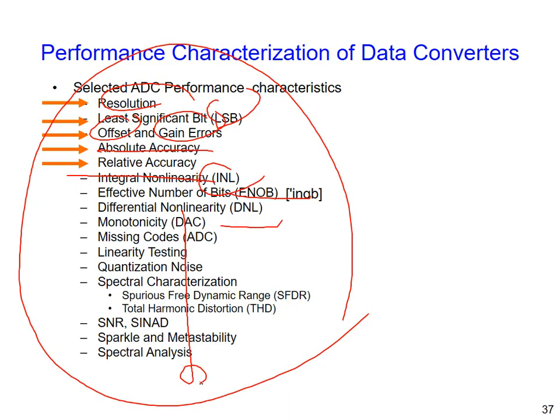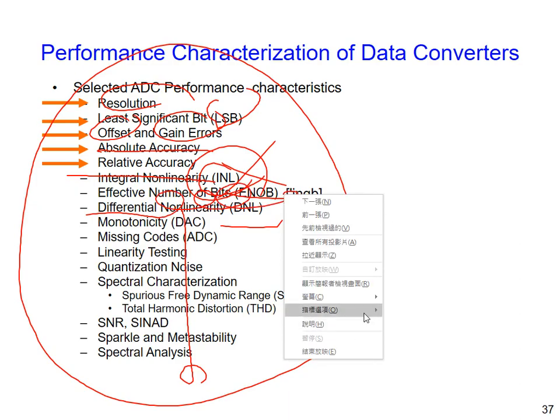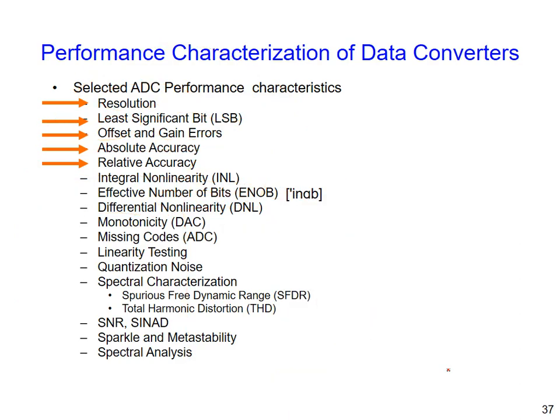Sometimes this one is the most important, but for dynamic operation, especially for high frequency operation, usually we don't focus on INL. We focus on what? ENOB, effective number of bits. But even for ENOB, you have quite many definitions to get your ENOB. Maybe according to your INL, maybe according to your SFDR, your THD, your SINAD, blah, blah. So I will tell you in detail.